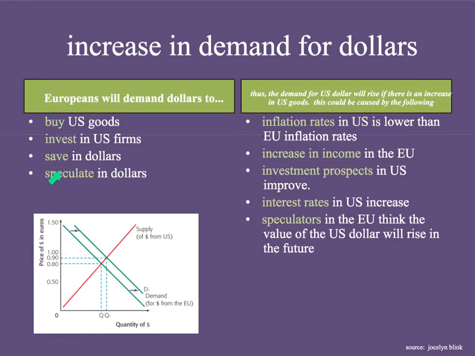That is what would lead to European people wanting more dollars, and that would be expressed in this diagram, which I just took from the last slide, with an increase in demand and therefore an appreciation of the dollar. We know from our other studies that this is also a depreciation of the euro, because these people need to sell their euros to get dollars.